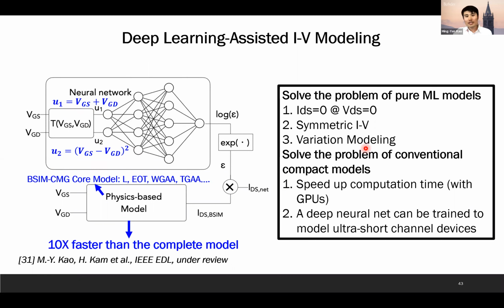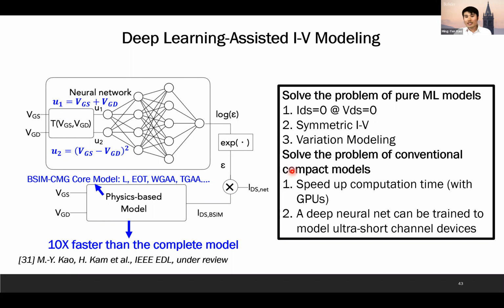And the third point, the variation modeling. We retain some BSIM parameters here, and we can still do some perturbation to our L, the gate length, and other geometry parameters, and do the same thing as the BSIM equation-based model.